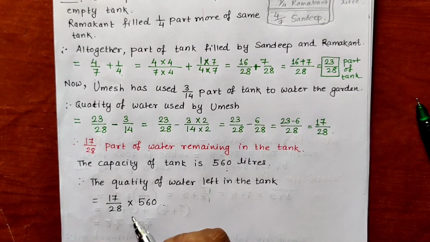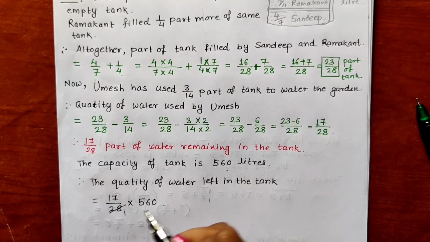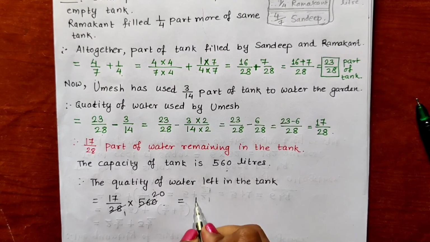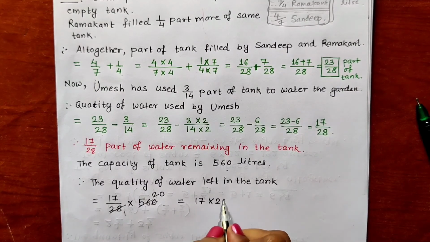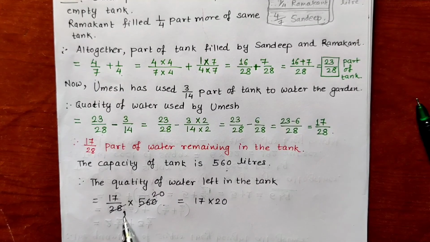So we all know the table of 28. 28 ones are 28, 28 twos are 56, and 28 zeros are 0. So it will be 17 multiplied by 20, because here 1 is remaining. When we cancel 560 by 28, that means we divide 560 by 28, we get answer 20.